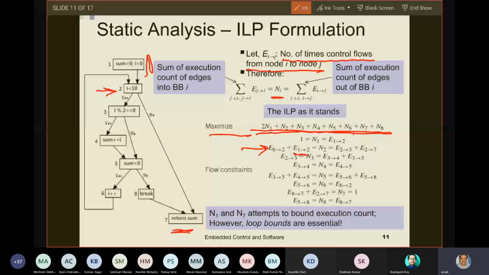So the number of times basic block 2 will be executed is upper bounded by 11, because E12 is 1 and E62 is upper bounded by 10. So basic block 2 will be executed at most 11 times. Okay, but let's see in the next slide.